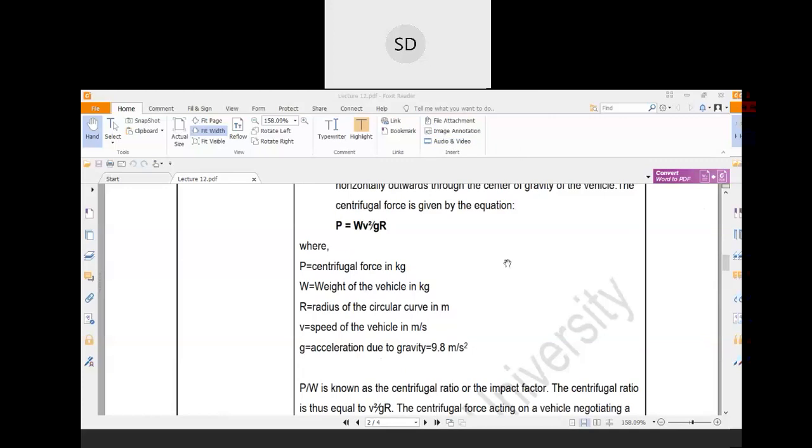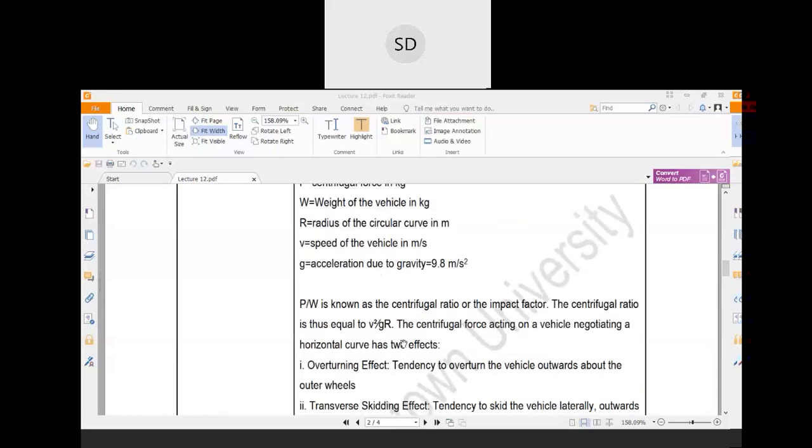Now, when a vehicle moves in a horizontal curve, there are two types of phenomenon which can happen. What are these phenomenon? One is overturning effect and another one is transverse skidding effect.